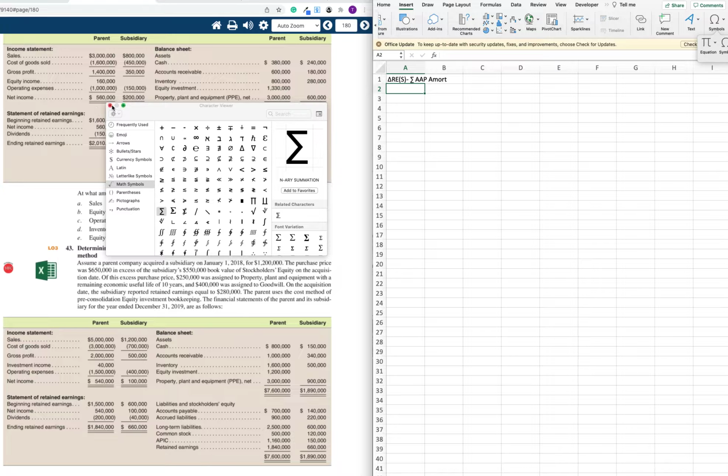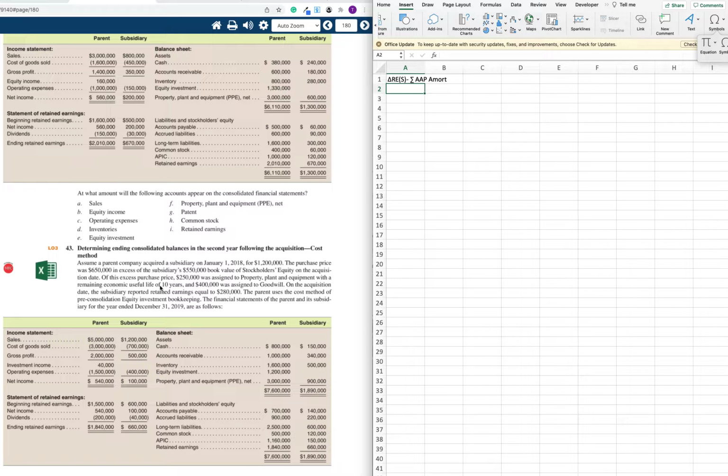And so once we know that, it's pretty simple. I have a feeling that it's just a matter of figuring out if we're going to use the beginning retained earnings versus the ending retained earnings and the number of years that we're looking at, where there might be some issues with calculating the number that we're looking for.